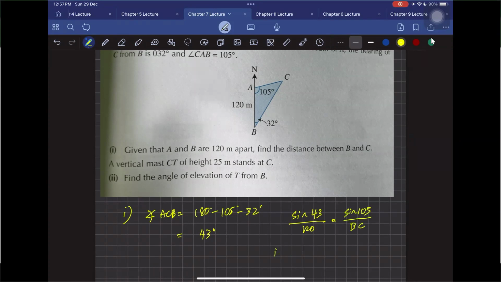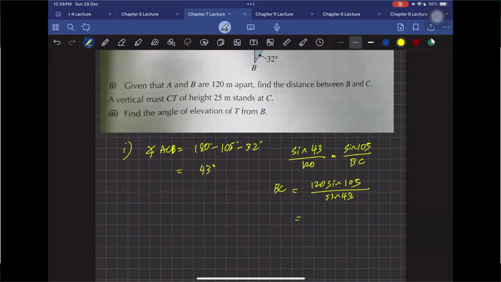If you make BC your subject, you'll get your answer to be 169.96 meters.